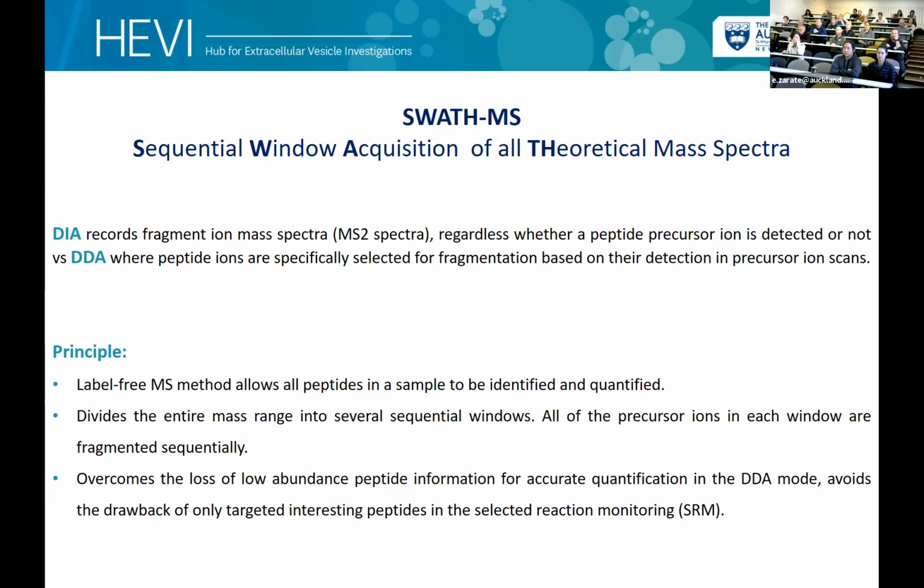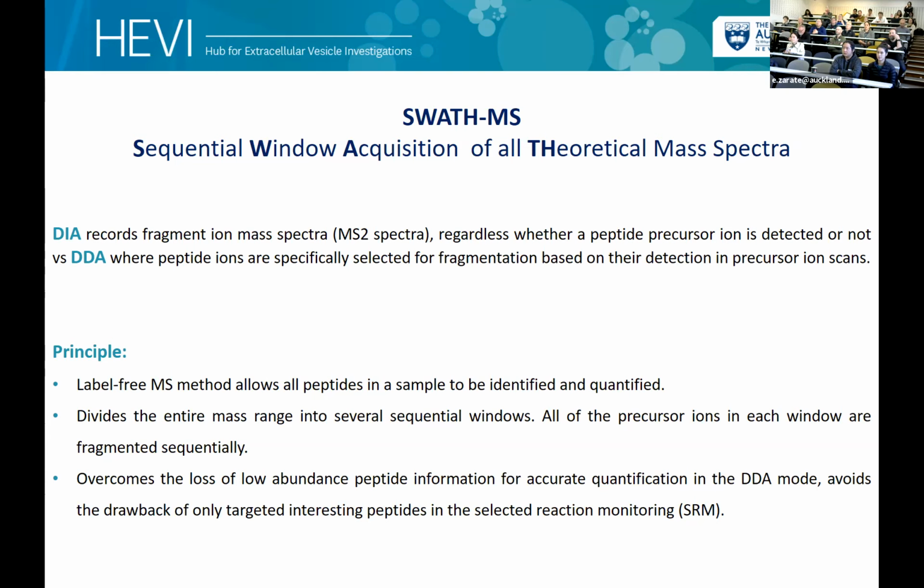This is in opposition to data-dependent acquisition, where the peptides are specifically selected for fragmentation based on their detection in precursor ion scans, which means that in this case, we are losing low abundant proteins that were not detected.